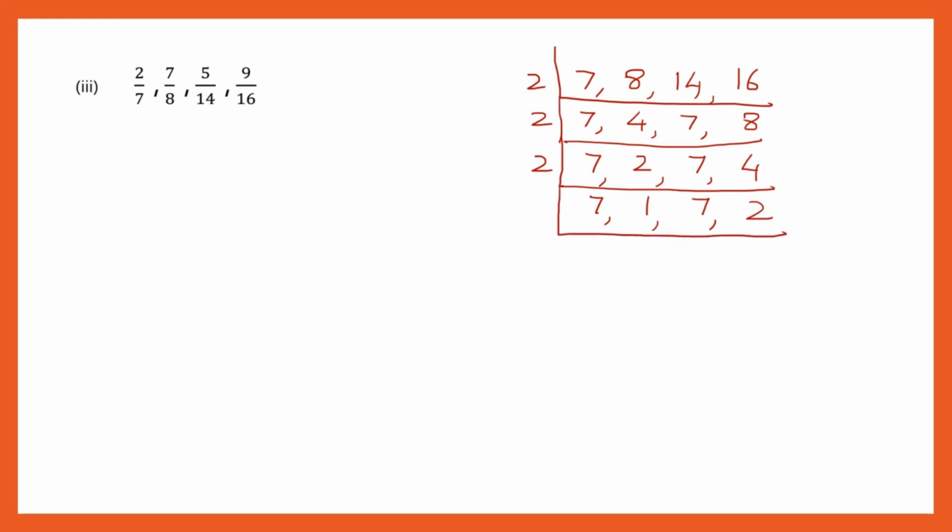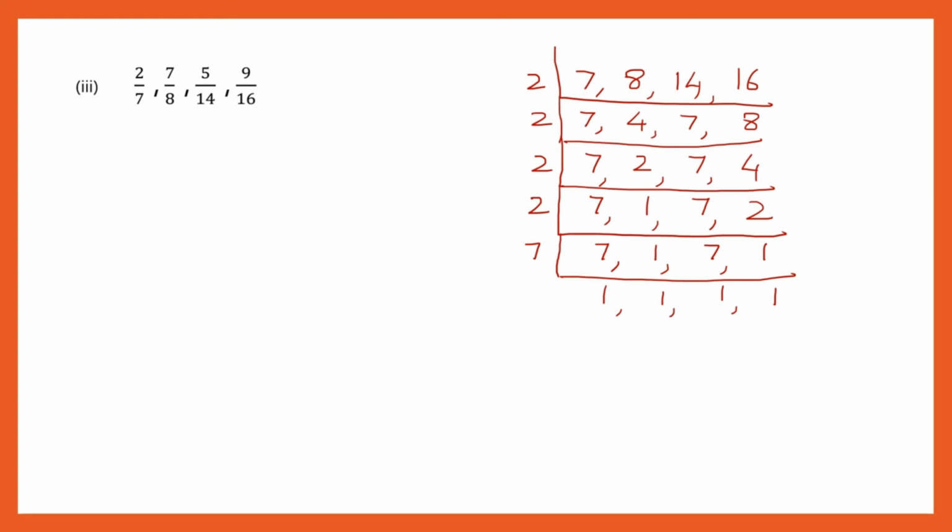I have a 1 2 left, so let me again divide by 2. 7. 1. 7. 2 1s are 2. Now I can't use 2 anymore. I'm going to divide by 7. 1. 7 1s are 7. 7 1s are 7. I have finished.